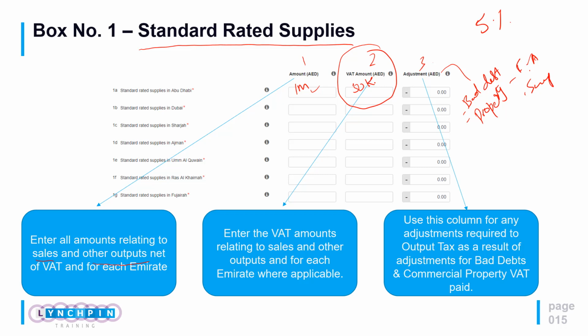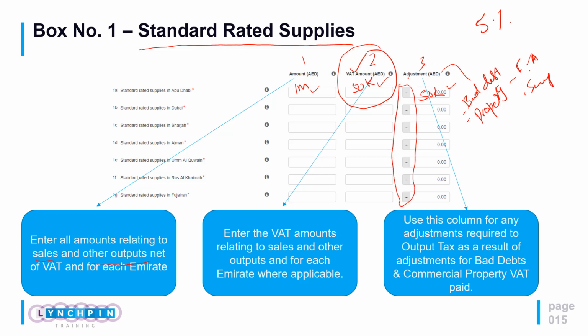Now there is a separate procedure to pay the property VAT, which is separately the buyer would go on the FTA site and pay it. I'll not be receiving it as a supplier, but I have to show it first here, and in this box I will show 50,000 here. So automatically here I'll show it as a payable and here it would be adjusted. So you can see that all these amounts are negative amounts.